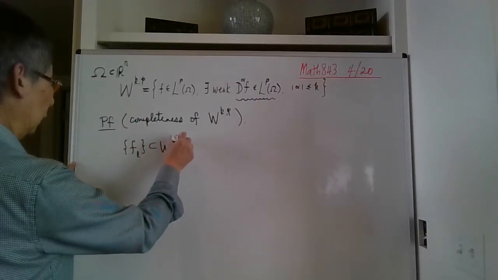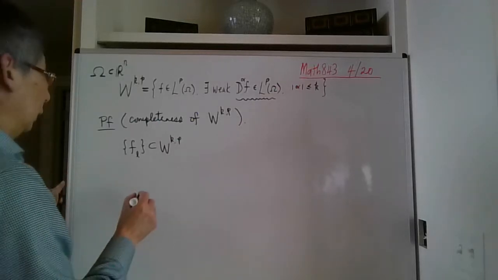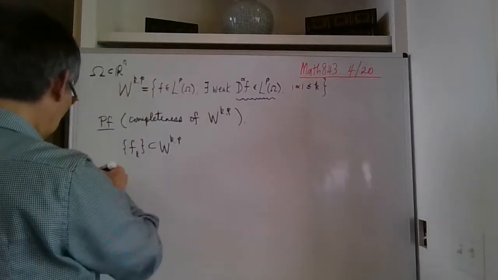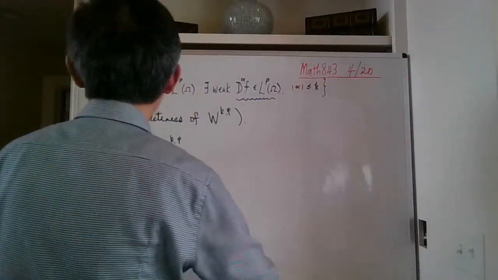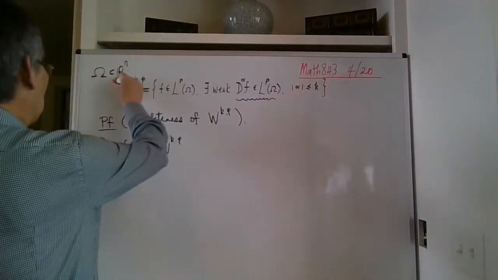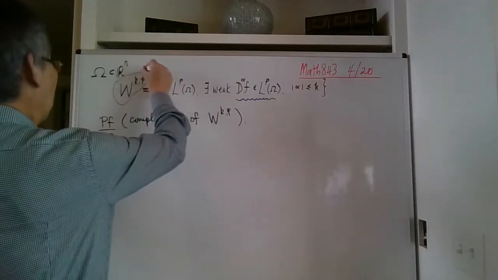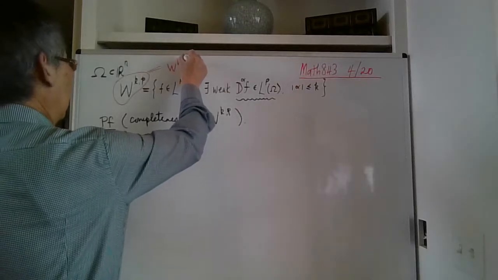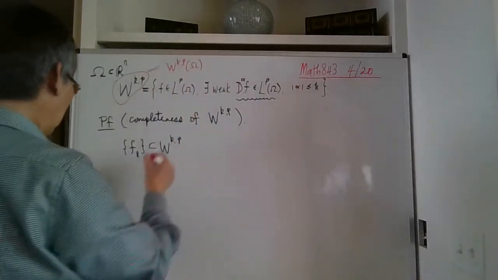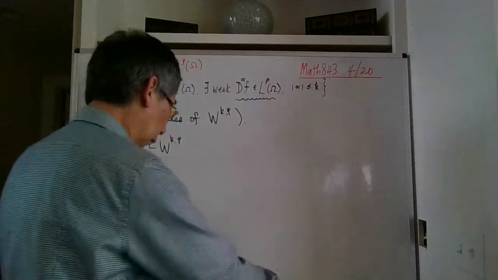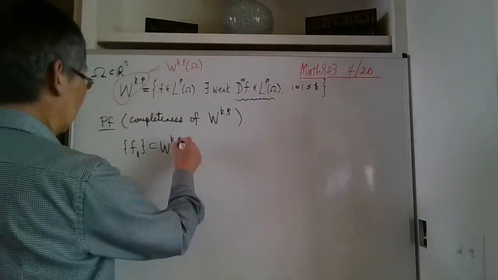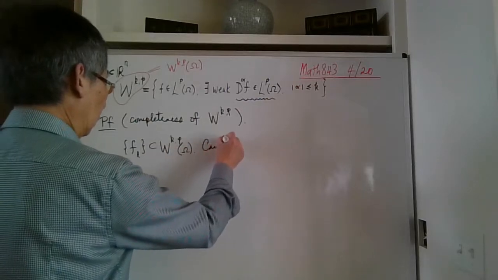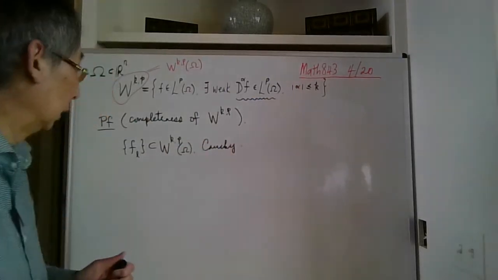One thing I forgot to say: when you use the notation W^{k,p}, sometimes we write it more specifically as W^{k,p}(omega). This indicates that it is a Sobolev space over omega. So this is a Cauchy sequence.